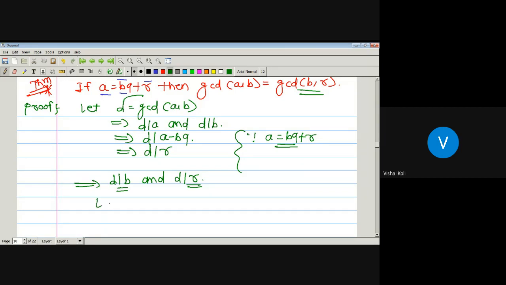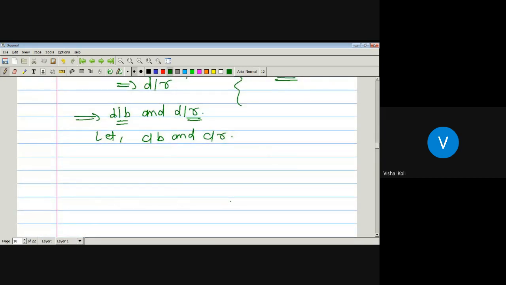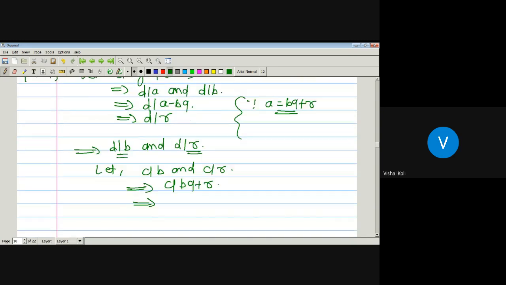For that we take one C which divides B and also divides R. Then C divides any linear combination of B and R, so C divides BQ plus R. But BQ plus R is A, which implies C divides A.